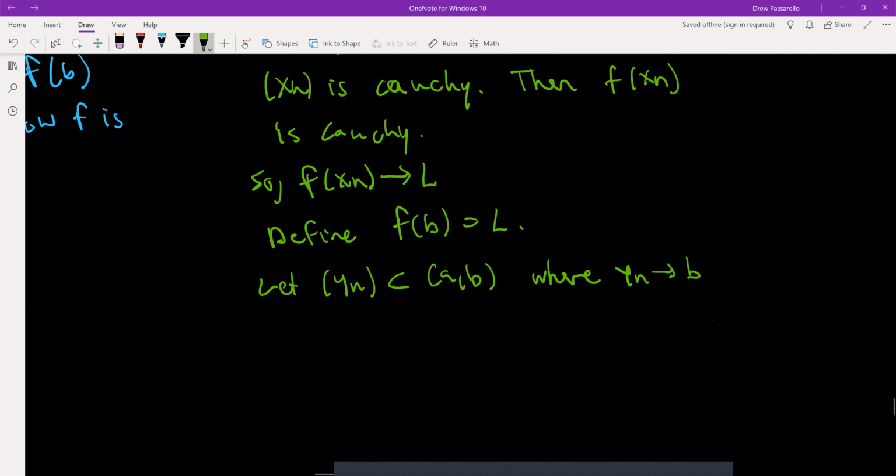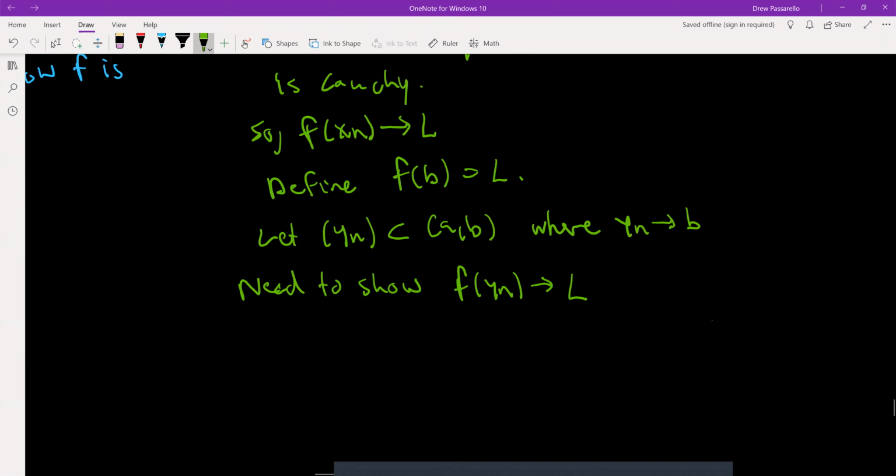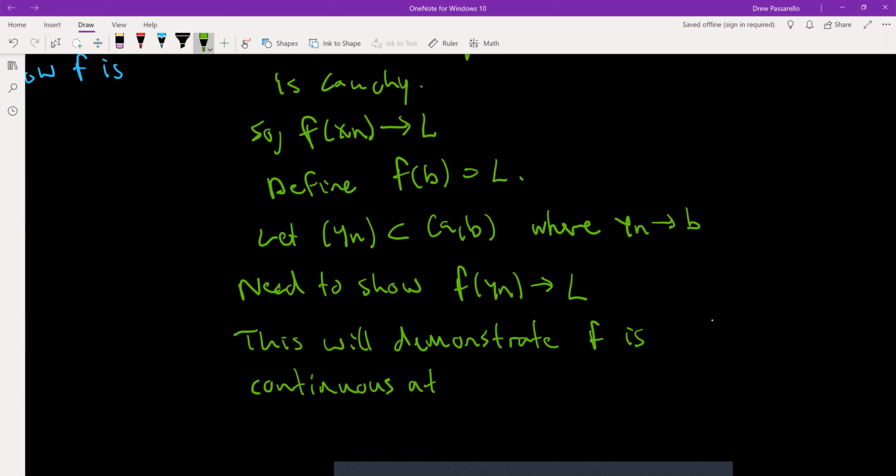We need to show that f of yn also converges to L. And this will demonstrate that f is continuous at b. All right, so that's what we need to do.